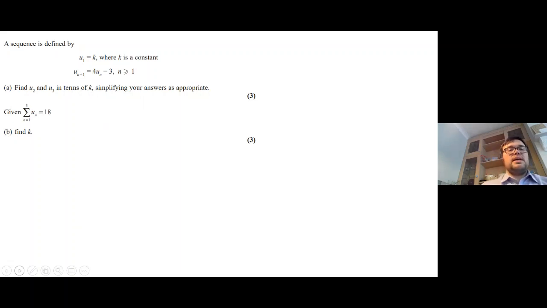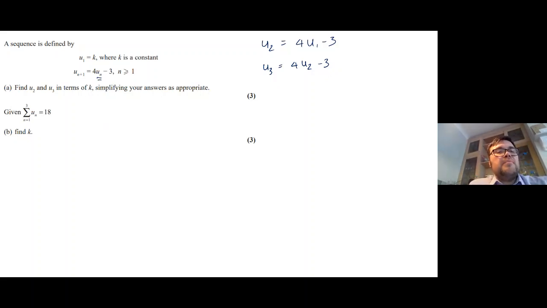So what that's telling you is, if you put n equal to 2, it would be u2 is equal to 4u1 minus 3. That's what it's saying. And then if you wanted to work out u3, it's going to be 4 times u2 minus 3. So this is telling you to use the previous term and then go from there.